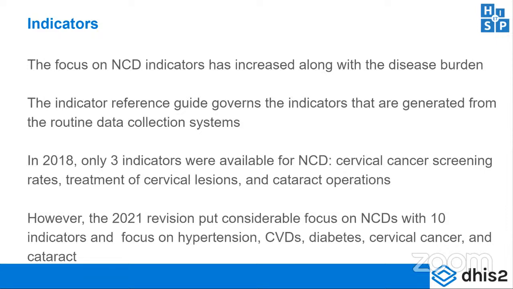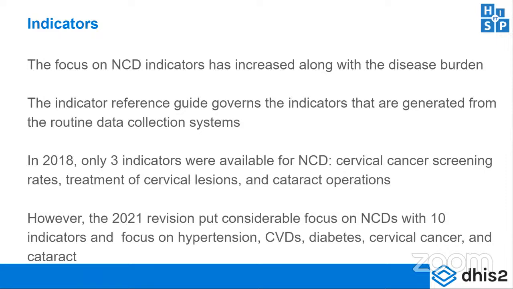The other indicators, though some of the data was being collected, were not given focus and were not being highlighted. But in the 2021 revision, considerable focus was given to NCDs, with 10 indicators focusing on hypertension, cardiovascular disease, diabetes, cervical cancer, and cataract having been added.